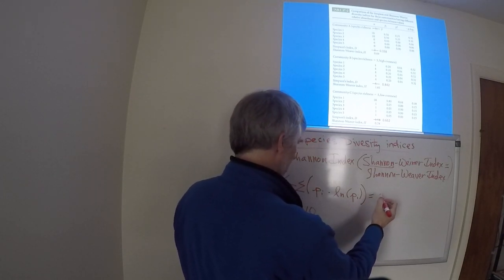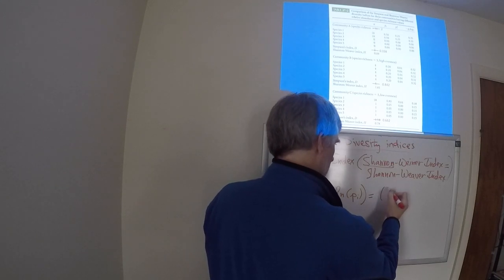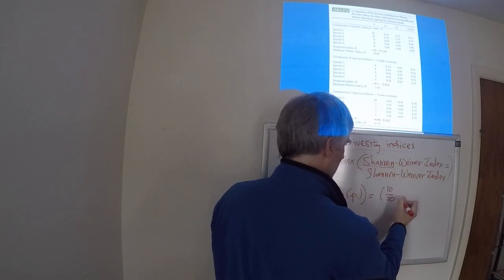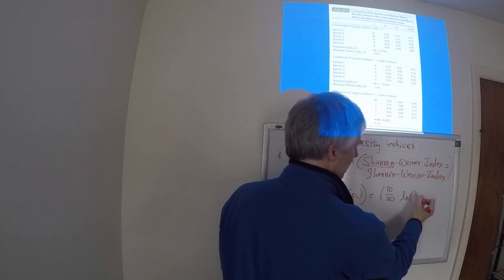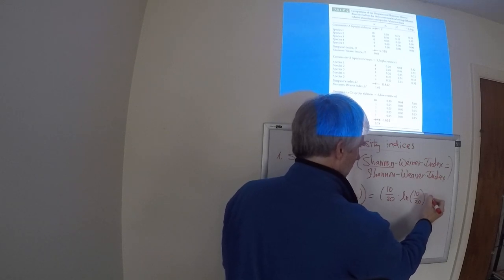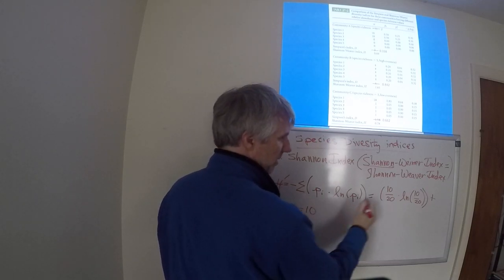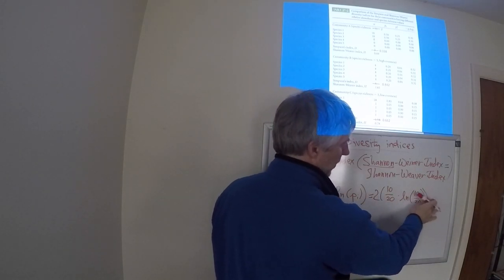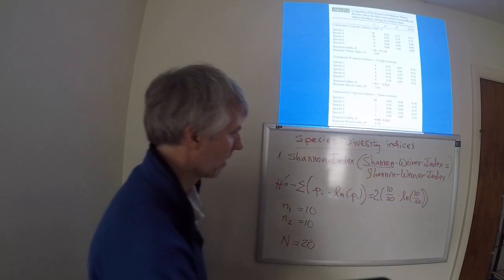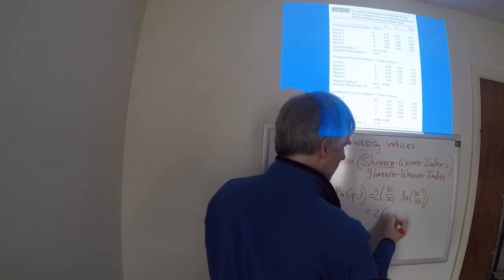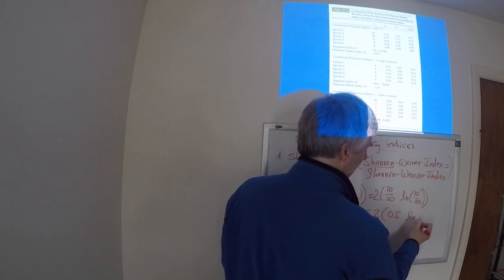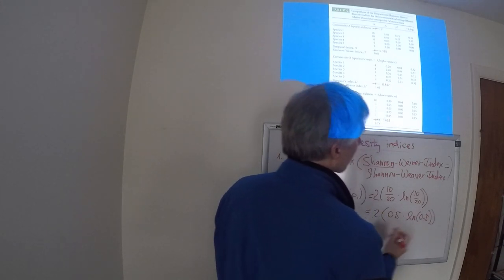So this calculation would run as 10 over 20 times the natural log of 10 over 20, plus the same thing again because the abundances are the same. So I could just put a little 2 in front there. That would mean we'd be at 2 times 0.5 times the natural log of 0.5.